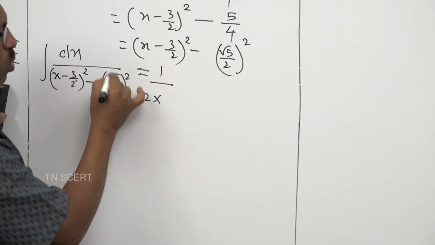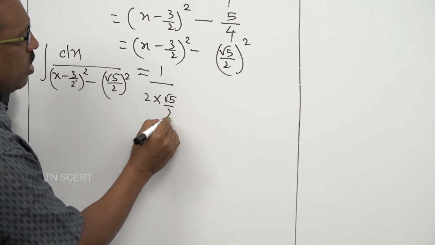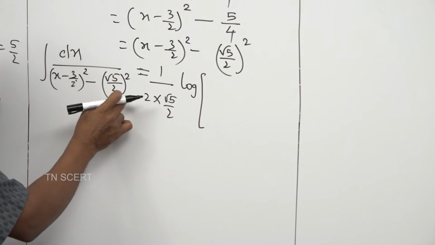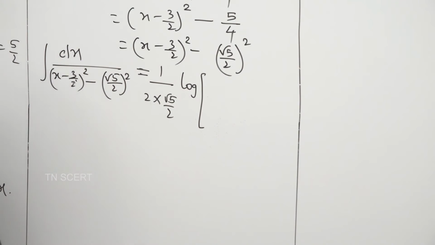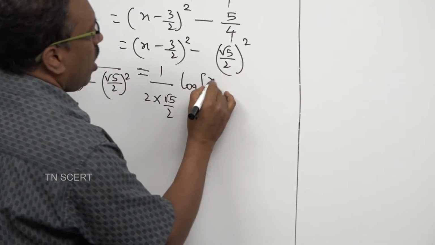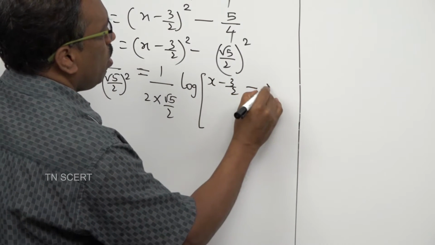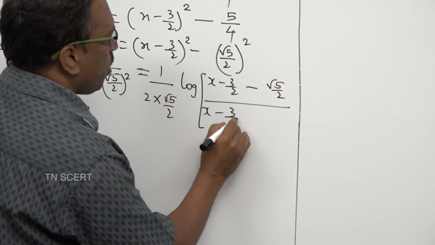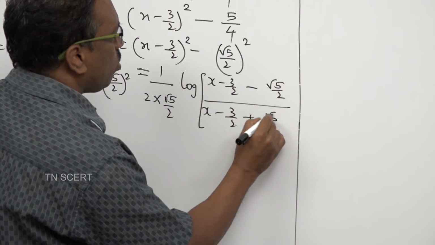What is a? √5/2. Log of (x − a)/(x + a). What is it? (x − a)/(x + a). Here x is (x − 3/2) − √5/2, divided by (x − 3/2) + √5/2.